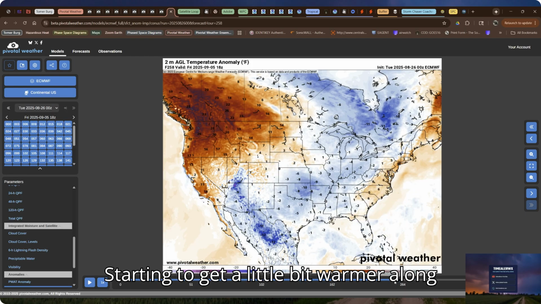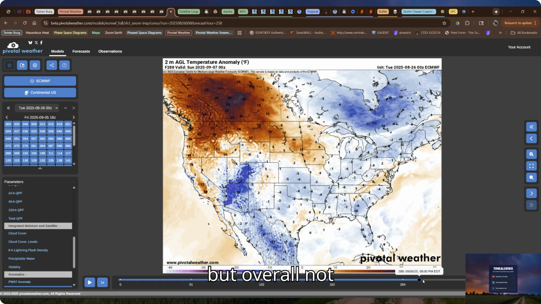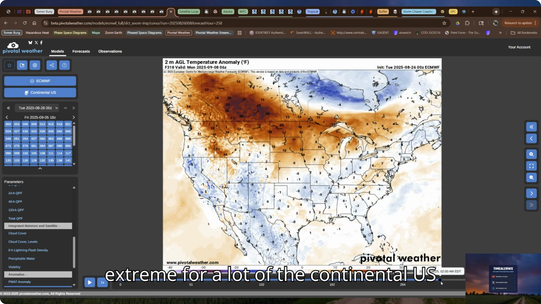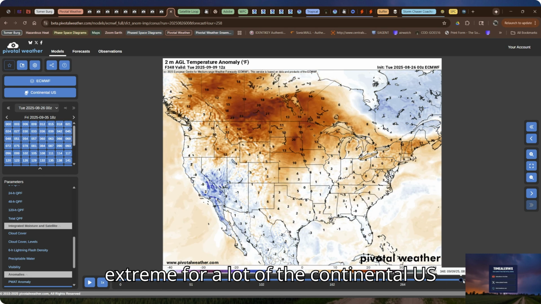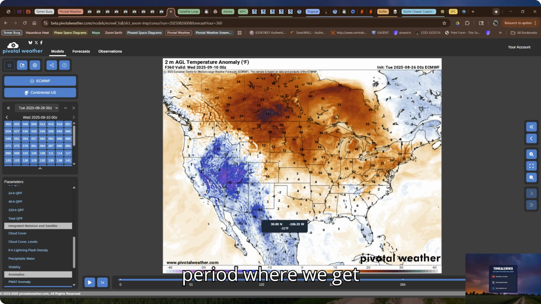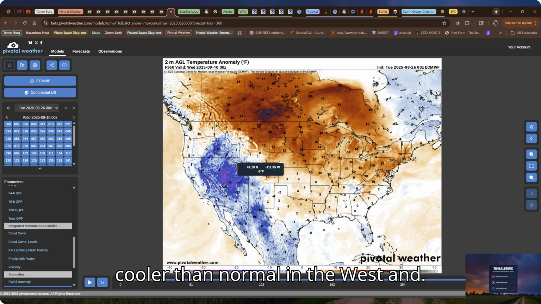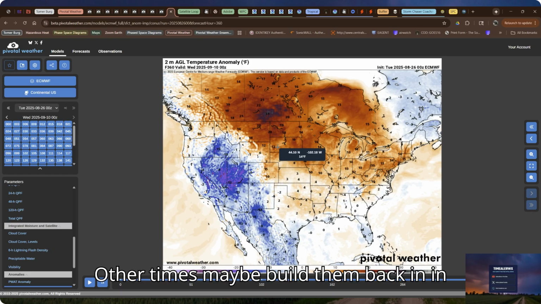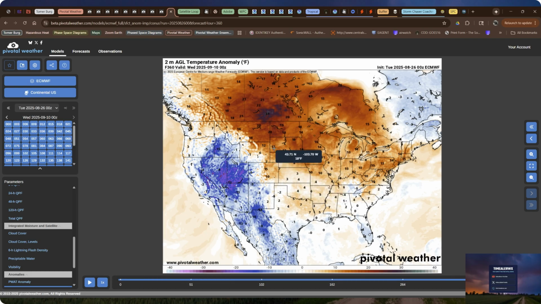It's starting to get a little bit warmer along the East Coast and the upper Midwest, but overall, not extreme for a lot of the continental U.S., except maybe towards the end of the period where we get cooler than normal in the Mountain West and hotter temps maybe building back in the upper Midwest.